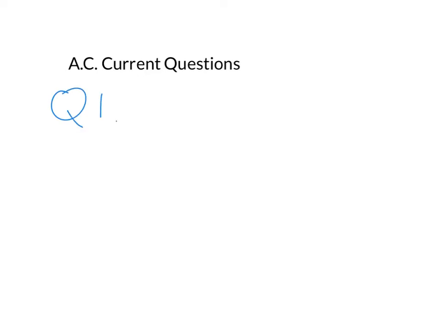For question 1, it's giving you a peak voltage value for an AC power supply, and they're telling you the peak value is 330 volts, and they want you to find the root mean square value.